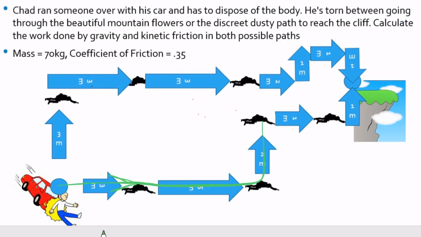It's the same process, where we do every piece of the path, horizontal and vertical. Once you calculate all the pieces, you get the same exact number, negative 2060.1. That's the thing about conservative forces. If the start and end points are the same, with gravity, the total work done is going to be the same.